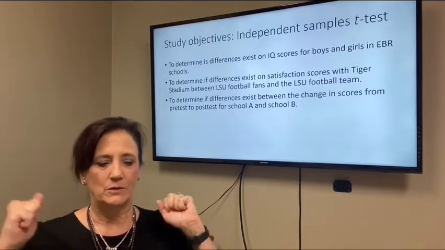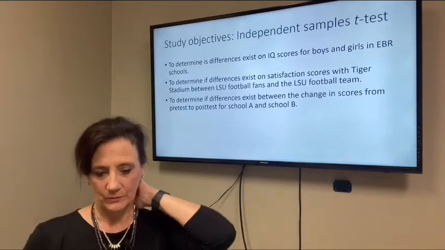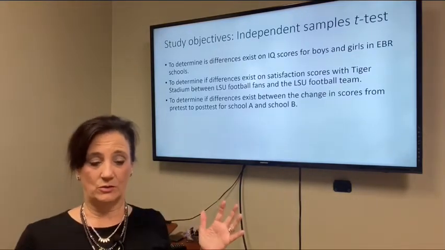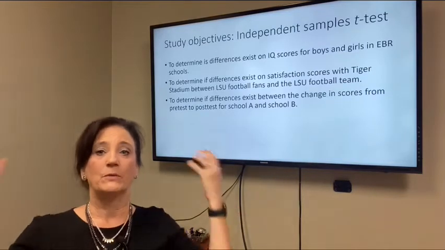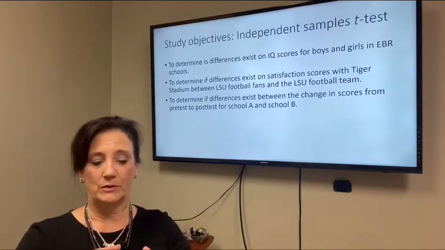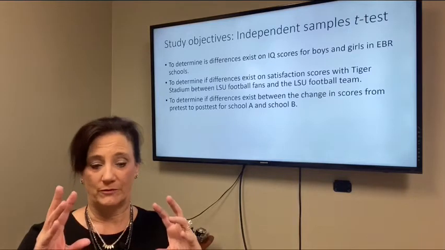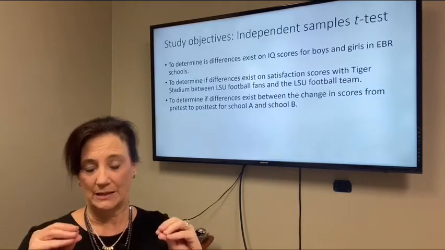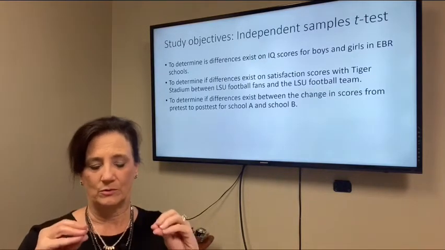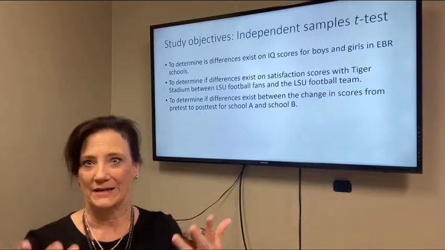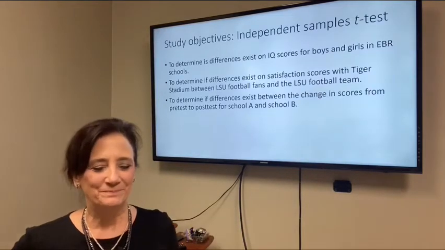In the second one, your dependent variable is satisfaction scores with Tiger Stadium. Your independent variable is the LSU football fans and the LSU football team. So the two groups, the two football fan groups, I guess you'd say.